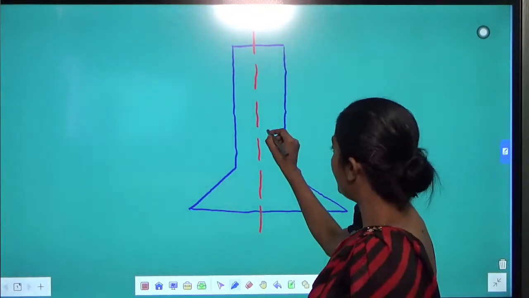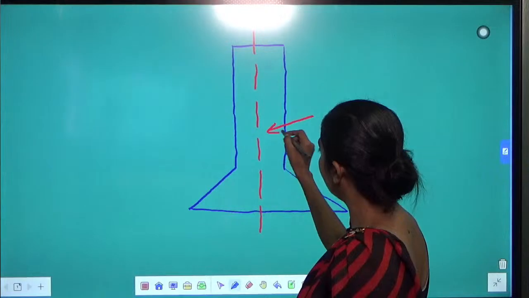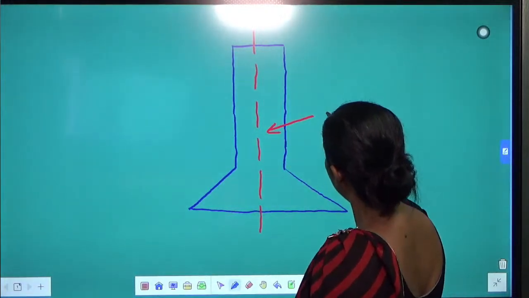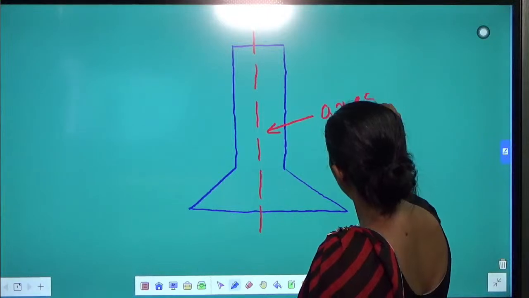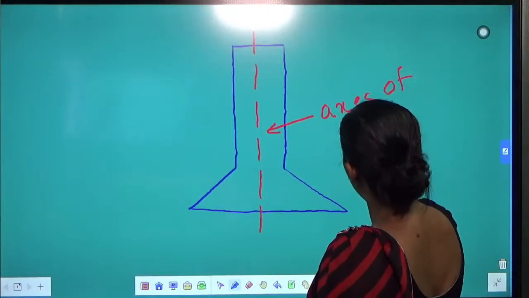So, you have to name this one axis of symmetry.